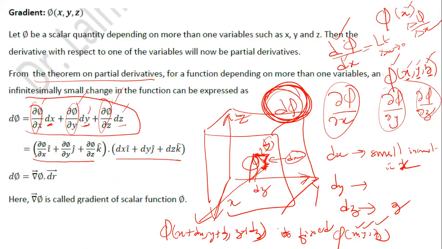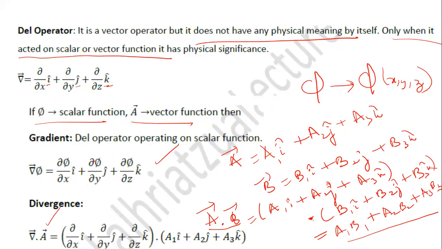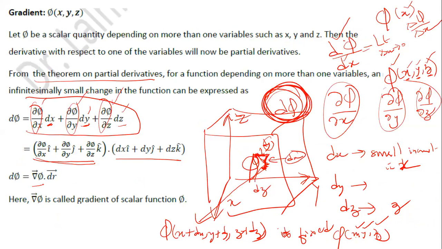Now, this quantity, as we already defined, is called the gradient of a scalar function phi. And dx i is the increment along the x-axis, dy j along the y-axis, dz k along the z-axis. And you know that we call this quantity a position vector.